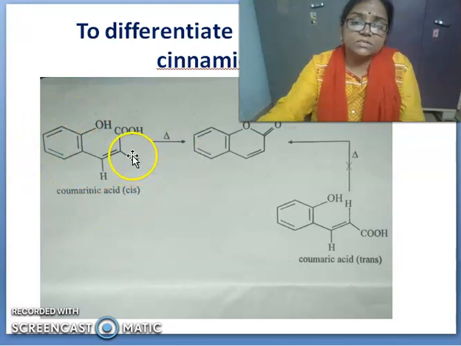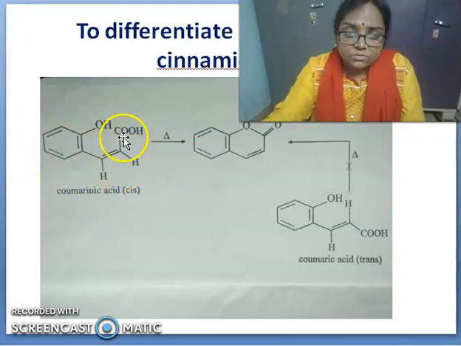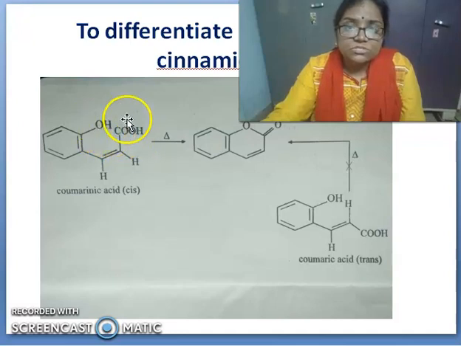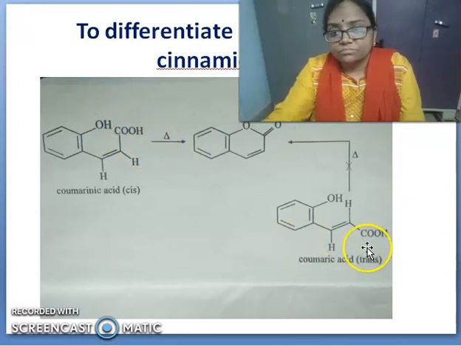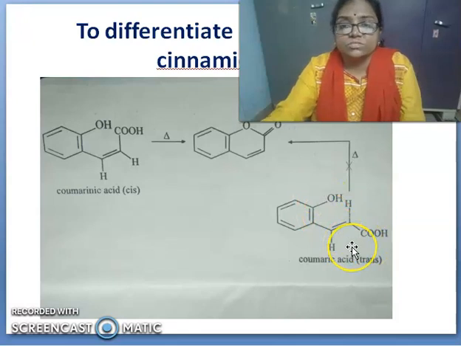In coumarinic acid, the COOH group and the OH group are closer to each other, so there is a possibility of intramolecular reactions occurring. Whereas here there is no possibility of an intramolecular reaction, since the OH group and COOH group are away from each other, placed diagonally opposite to each other.